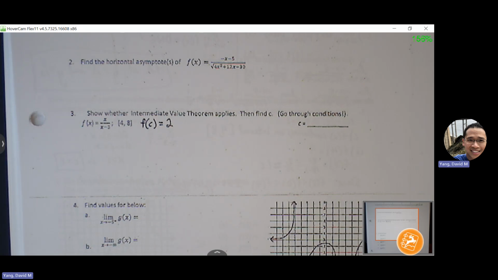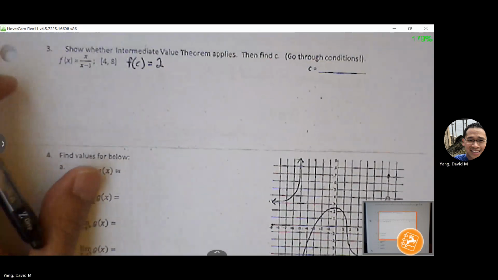If it's outside the interval, you want to remove it. It's not going to be a valid c value. Okay, so go through number 3, and I will work through it at the same time that you guys do.